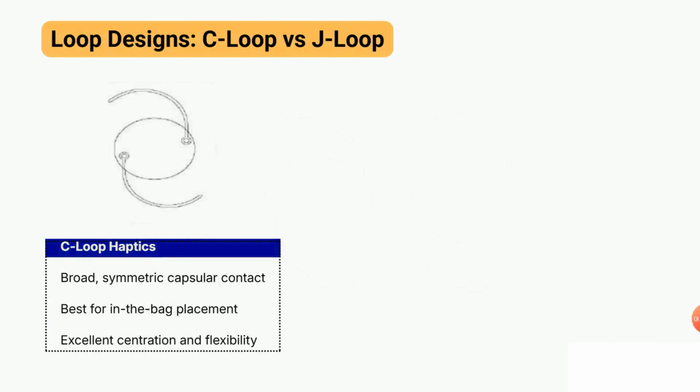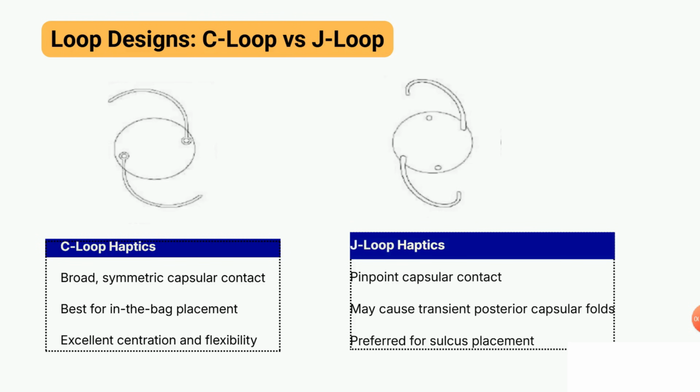The C-loop haptics provide a broad symmetrical contact with the capsular bag and are the preferred design for in-the-bag placement due to excellent centration and flexibility. Then we have the J-loop haptics, which create a more pointed contact with the capsular bag. When placed in the bag, they may initially cause some posterior capsular stress folds, which typically resolve within a month.